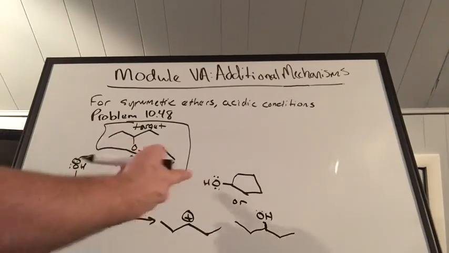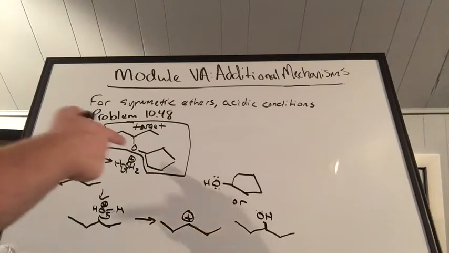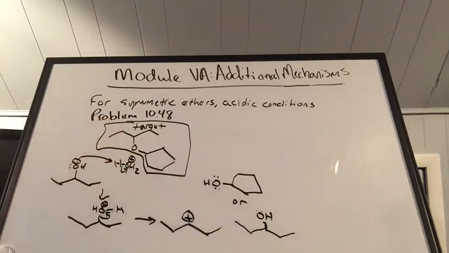So in other words, there's going to be a competition in terms of what's going to react with that. This is also going to be secondary if it were to split apart. So you're going to get a bunch of different mixtures.